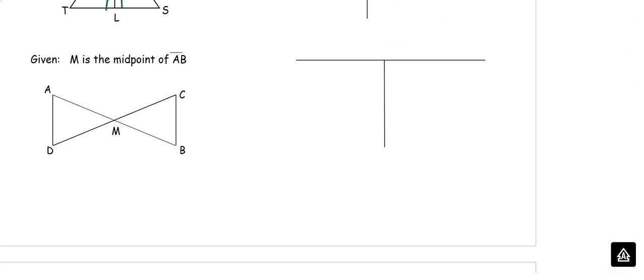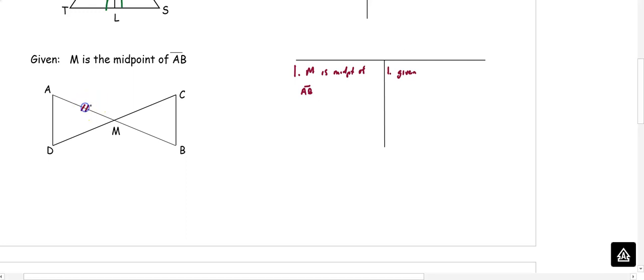The next one, M is the midpoint of AB. So we need to start by writing that as our given statement. So one, we would say that M is midpoint of AB, and our reason is that that's given to us. Remember that a midpoint is halfway between the two endpoints.